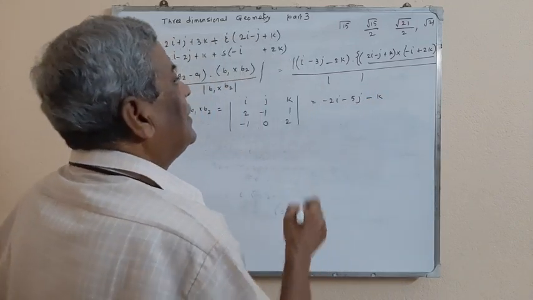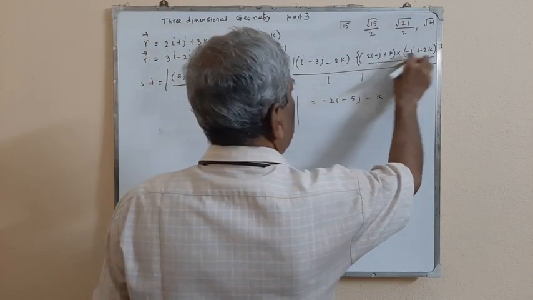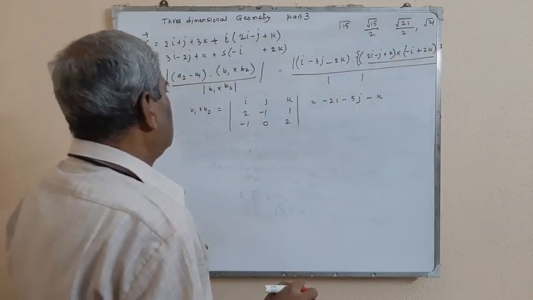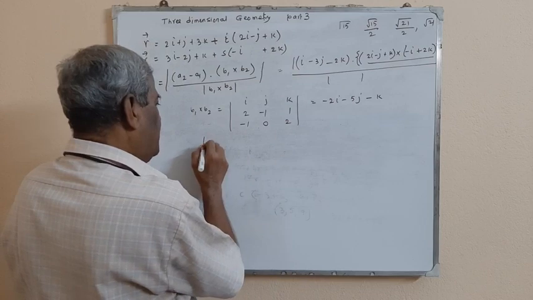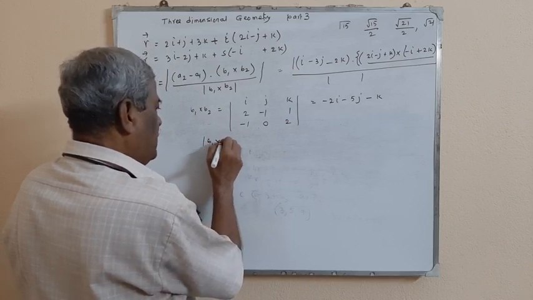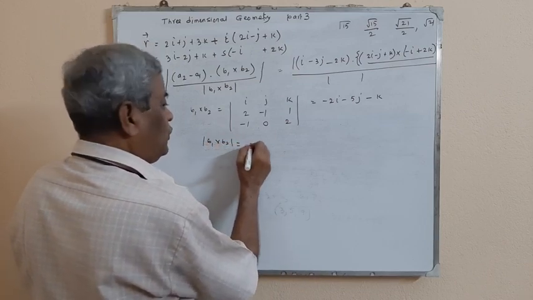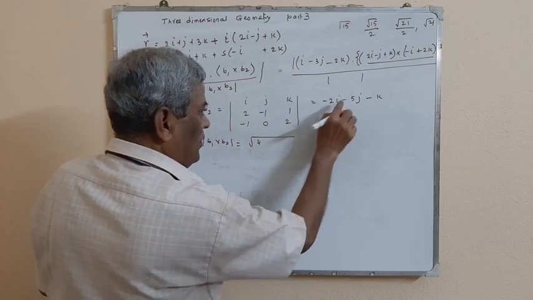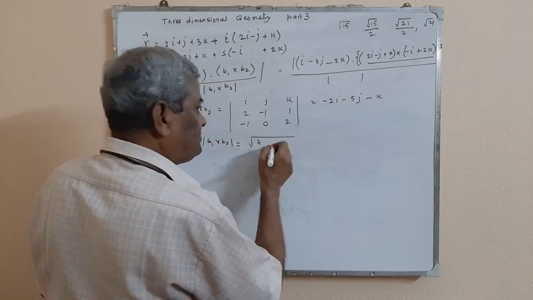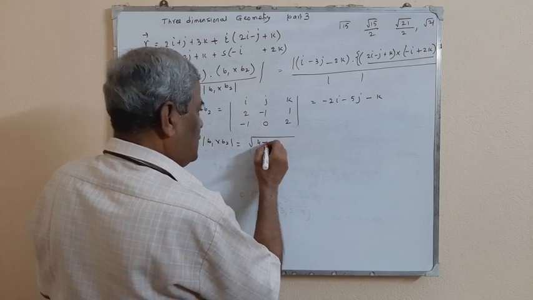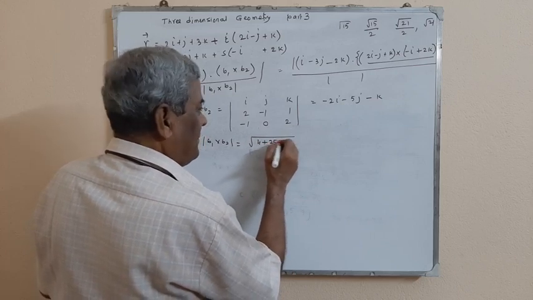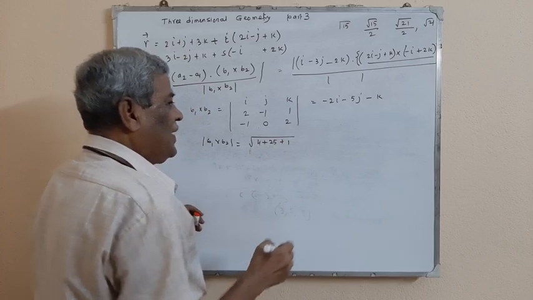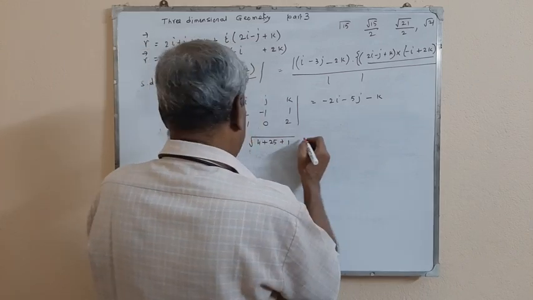This is b1 cross b2. Magnitude of b1 cross b2 will be equal to root over of (minus 2) whole square plus (minus 5) whole square plus (minus 1) whole square, that is root 30.